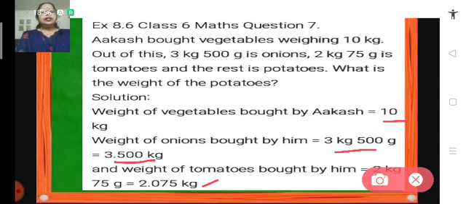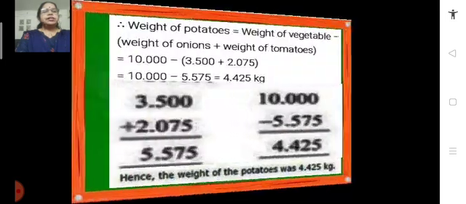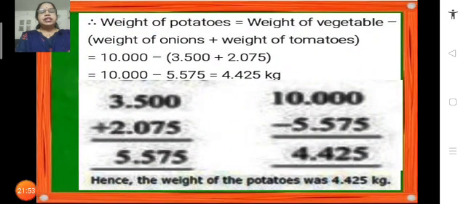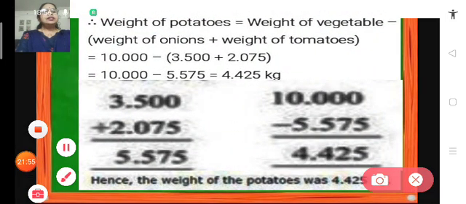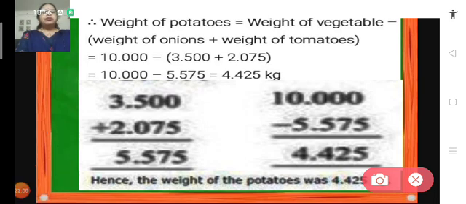So to get the weight of potatoes, what should we do? We should first add the weight of onions and tomatoes, and the sum has to be subtracted from the total weight of the vegetables bought by Akash. Let's see how we do this. So the weight of potatoes is weight of vegetables minus weight of onions plus weight of tomatoes.